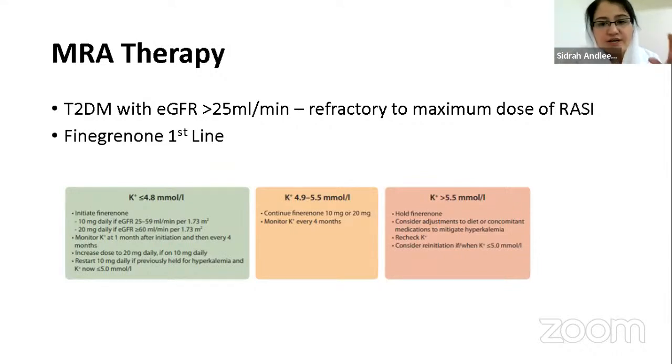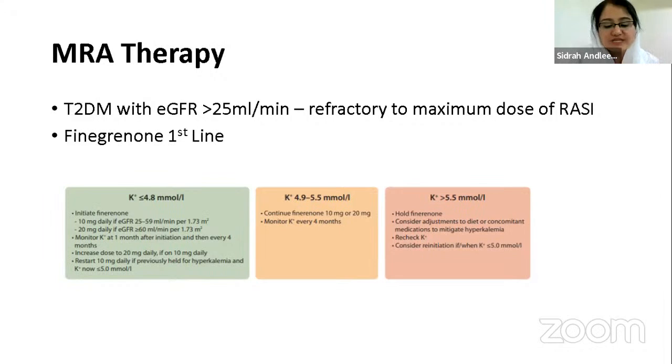So if the patient has diabetes, you have exhausted the maximum doses of ACE or an ARB, the blood pressure is not under control, and the patient also has compromised renal function, you add finerenone into the therapy regimen, right? Unless the potassium level is unstable, or unless the GFR is less than 25 mL per minute.